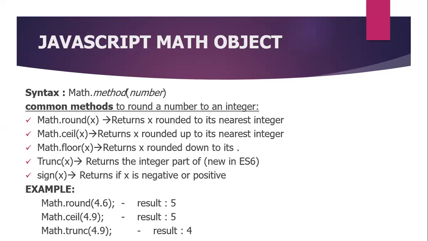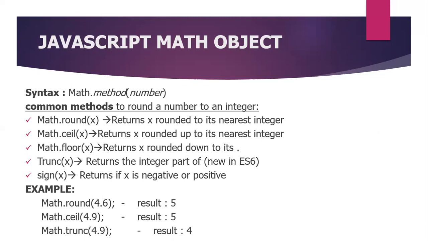Math.floor(x) returns the nearest lowest integer. Math.trunc(x) returns the integer part of x, new in the ES6 edition. Math.sign(x) returns whether x is negative or positive.